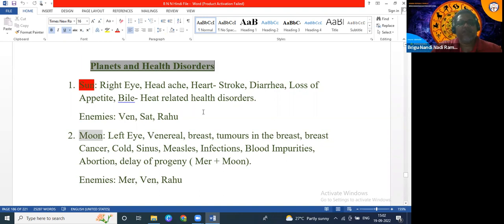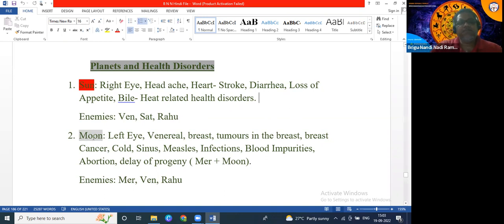So for example, let us take Sun and Rahu. Rahu is even cataract also. So definitely there will be some cataract related problem or colored blindness or squinted eye. So like that we can say.